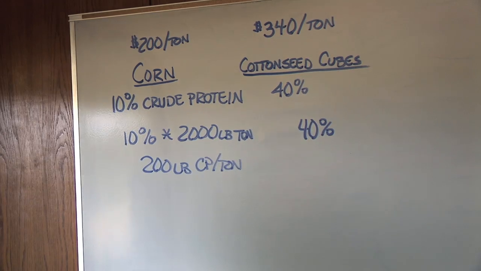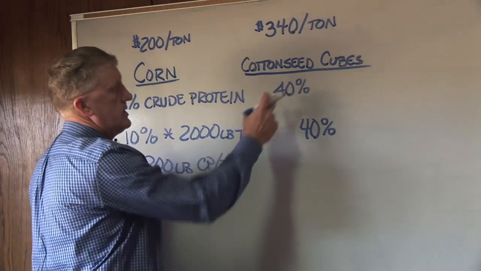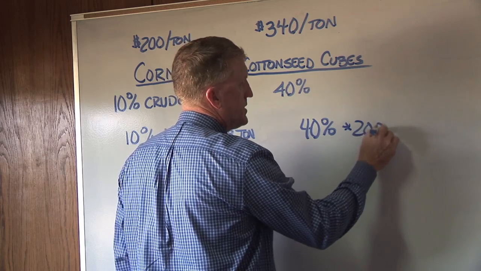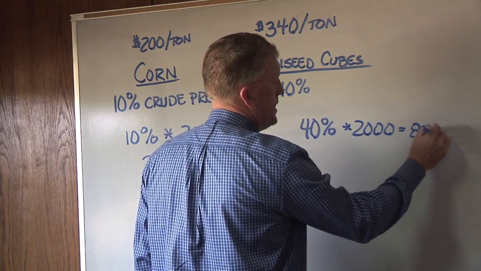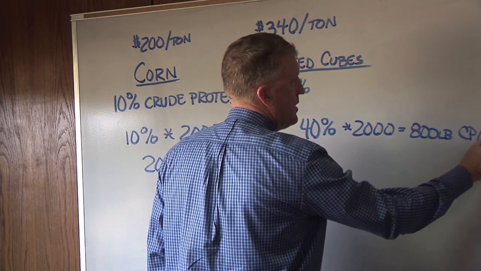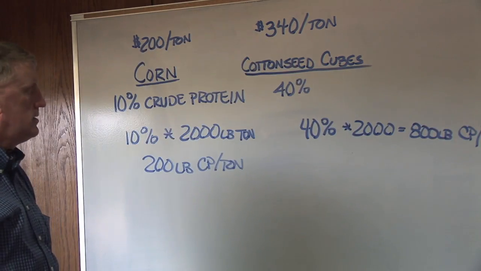To do the same calculation for the cottonseed cubes, we take the 40% crude protein content, multiply that by 2,000 pounds per ton, and we find out that there's 800 pounds of crude protein per ton of these particular 40% protein cottonseed cubes.